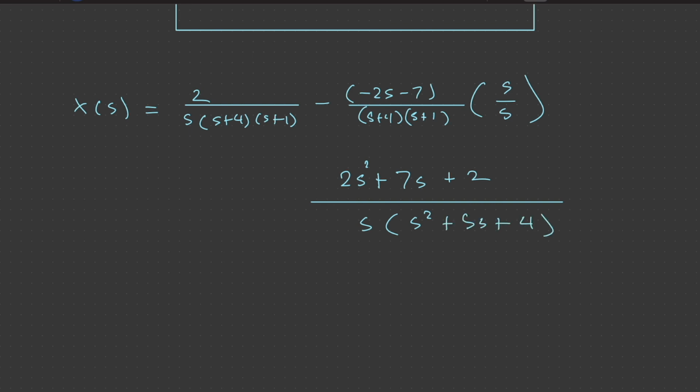In fact, I'll go ahead and just distribute in, so I'll make this s cubed plus 5s squared plus 4s. Now we're going to take what we wrote over here and do the inverse Laplace. So I'm going to switch to my display of my screen.